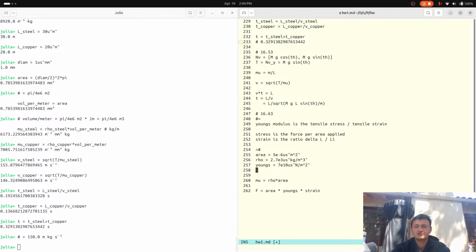Oh, so wait, why don't we first find, okay, so V is equal to square root T over mu.